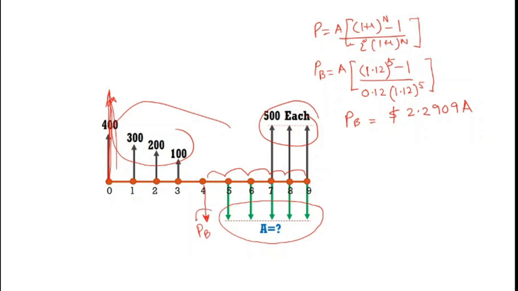Now PB we have calculated at n equal to 4. So I can treat this PB as future worth and find out the equivalence of this PB at this point of time, that is at n equal to 0. Let me call this PB net, any name we can use.